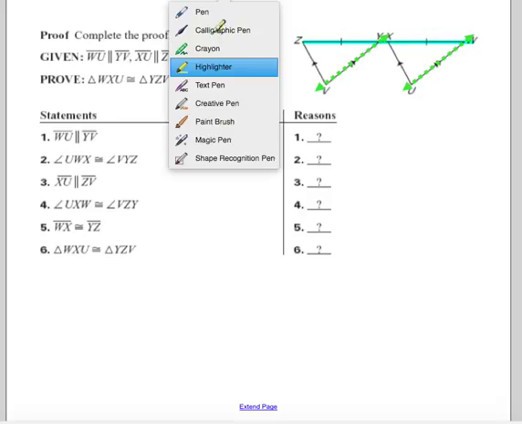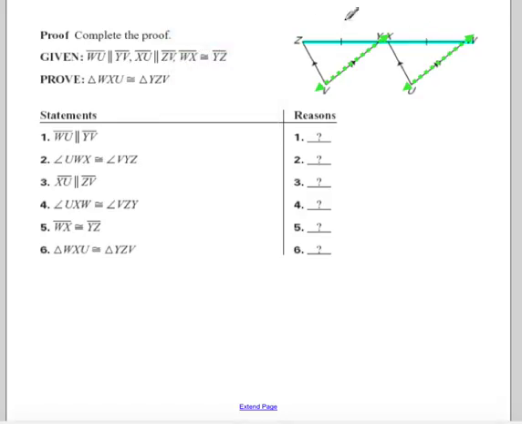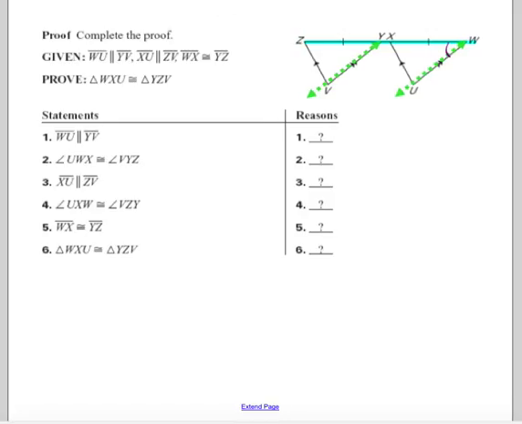And so with these green lines here, I'm able to see that the angle at W is going to be congruent to the angle over here at Y. So you can see how they go from the first statement to the second statement using those parallel lines.